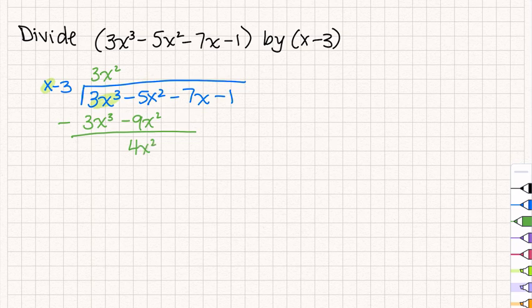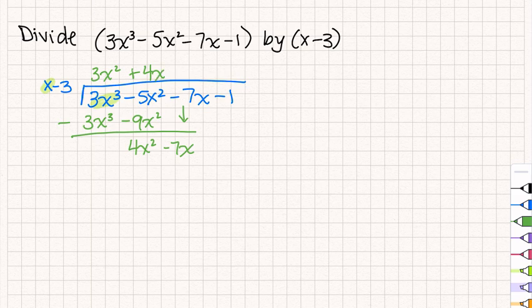Okay, and then the next step, we're going to bring down. So it's the same basic long division steps that you used in elementary school. So now we have minus 7x, and we're going to start the entire process again. We're going to take 4x squared divided by x, which gives us 4x.